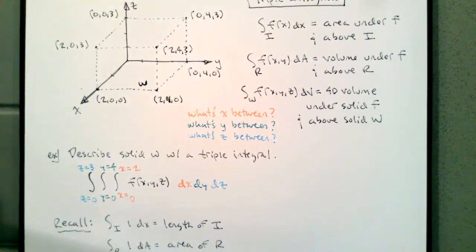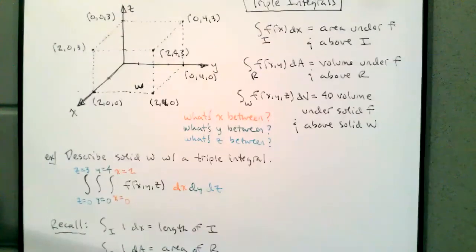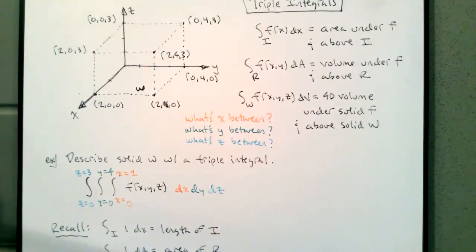So we also know that we can represent the solid W as the area under the constant function z equals 3 and above the region where x goes from 0 to 2 and y goes from 0 to 4.